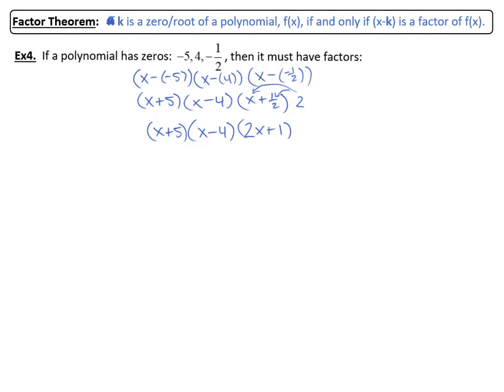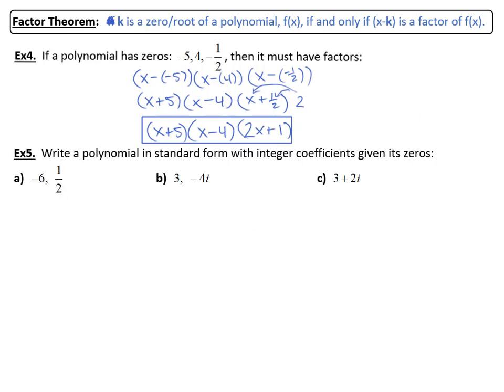So this is our preferred answer. X plus 1/2 is not technically wrong, but as we're going to see in the next question, most of the time we're going to want to turn it into this kind of nice whole number factor and not leave a fraction. Okay, so our next example, 5, which has 3 questions here, says write a polynomial in standard form.